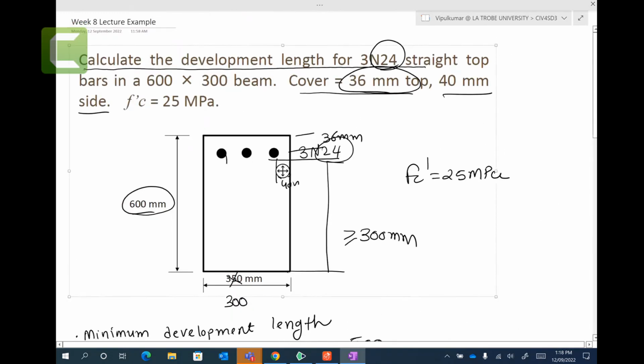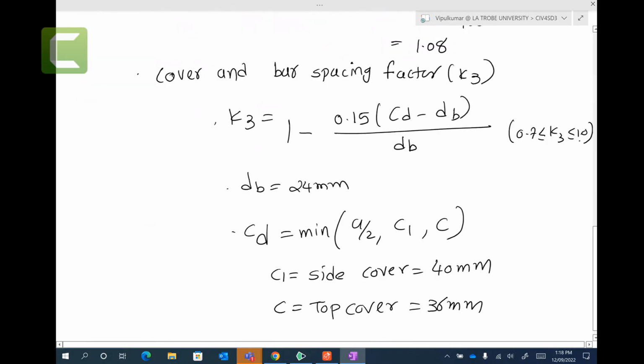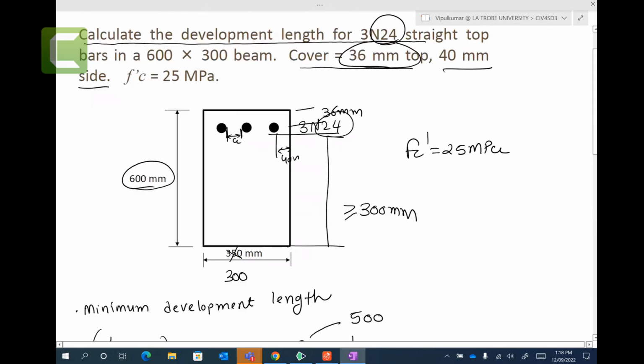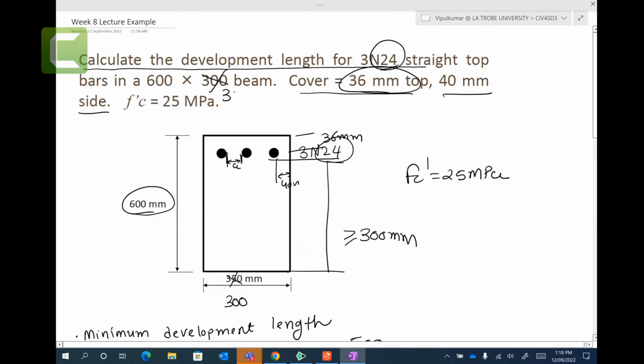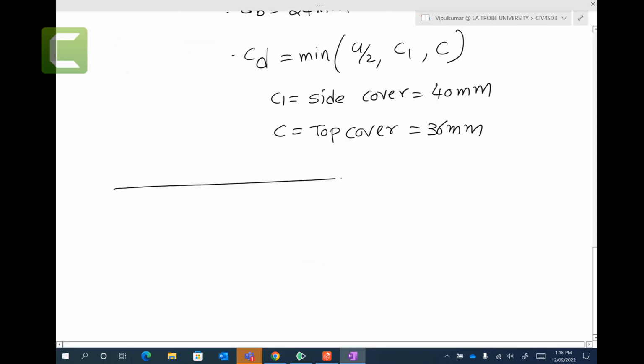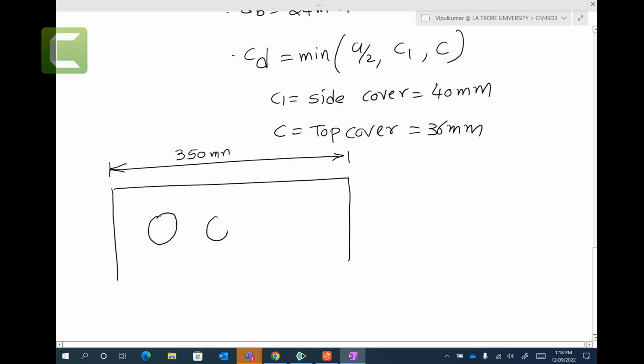We need to calculate the distance from here to here, that is a. Let me draw it up. I think we have 350. I think there is a typo here, 350. So from this end to this end is 350. You with me? And you have 4 bars: 1, 2, 3, and 4.